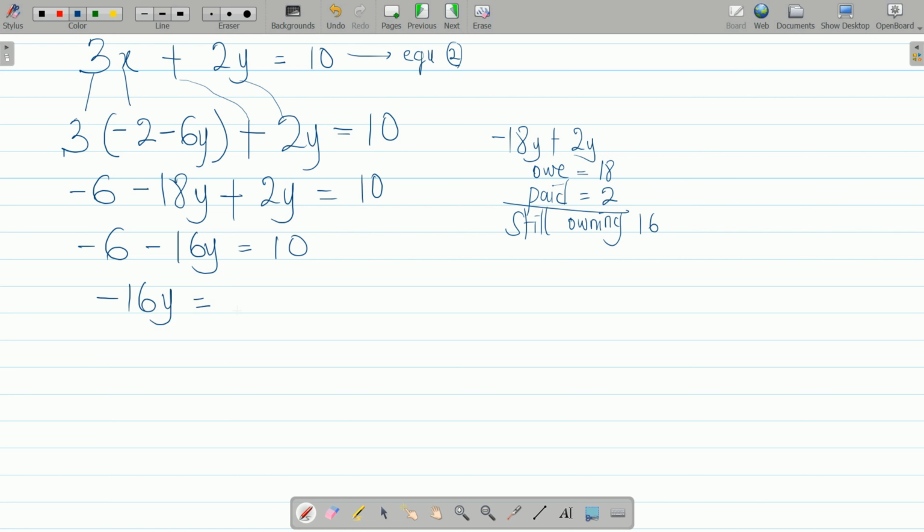Collect like terms, separate the values of y from the numbers. The negative sign is subsequently transformed to a positive sign by moving minus 6 to the right.